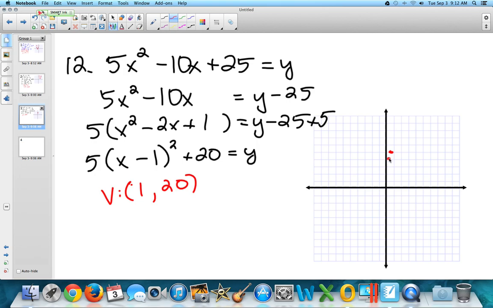Okay, so I go over 1, up 5. Now I'm going to go over 2, which would be up 4, but if I multiply that by 5, I get 20. So 5, 10, 15, 20. And I do the same thing over here. Over 1 more, up 20. So you can see that this is a skinny parabola, of which I'm not doing a very good job drawing.